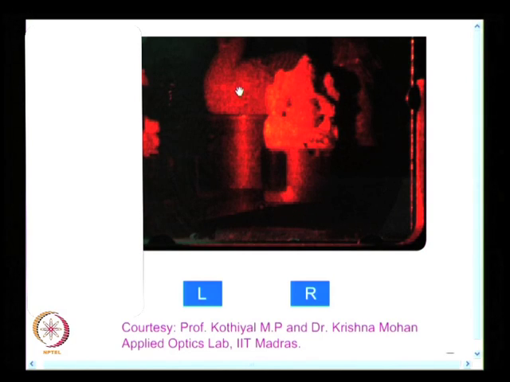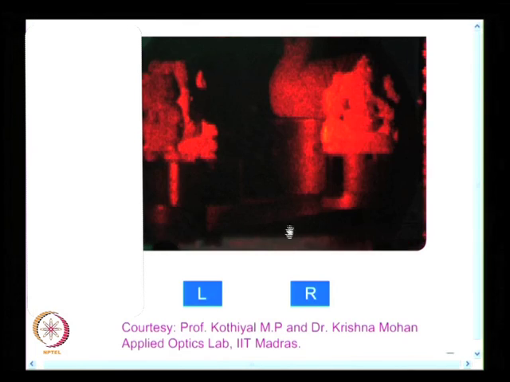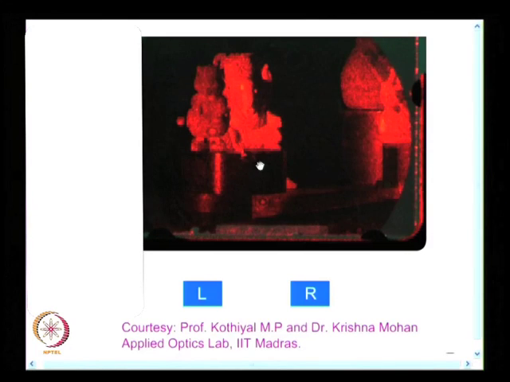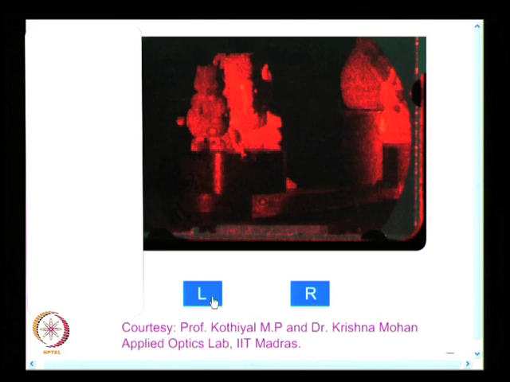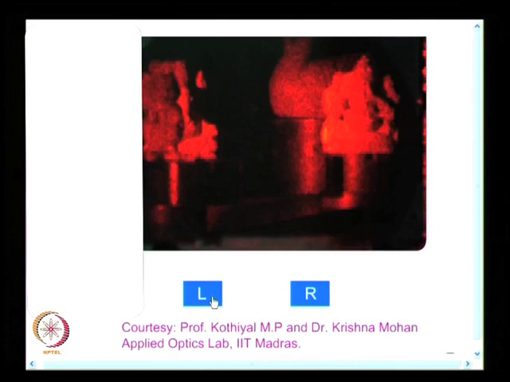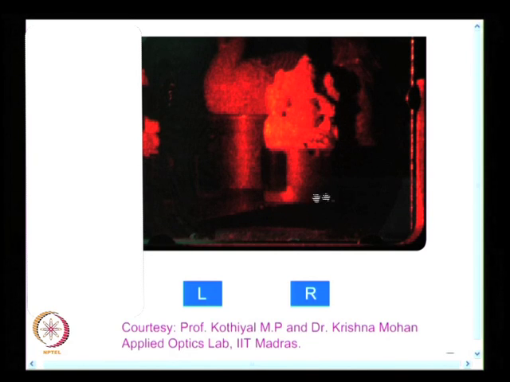I see this swan is behind, and you have a statue of Lord Ganesha in the front, and then I move to the right, and you are able to see the depth information. Are you able to see the depth information? As if the objects are kept before you, you are able to get different perspectives. This is recorded as if you are moving the head over the region of the hologram.